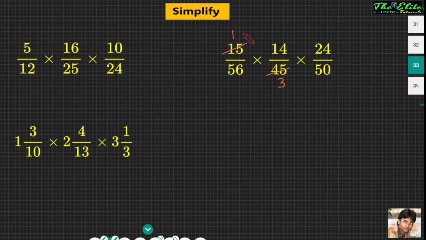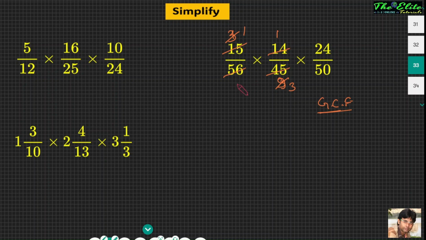So you can start with that. Many students can make it like 5 times 3 is 15, 5 times 9 is 45. Again, he will be doing 3 times 1, 3 times 3. So you can take the greatest common factor to cancel. That is a good idea to have. Okay, so I have written 1 upon 3 now. Here 14 and 56.